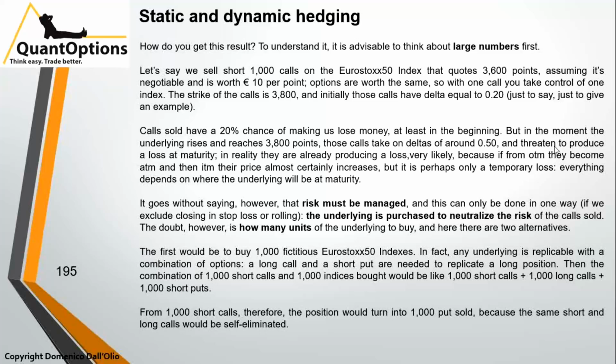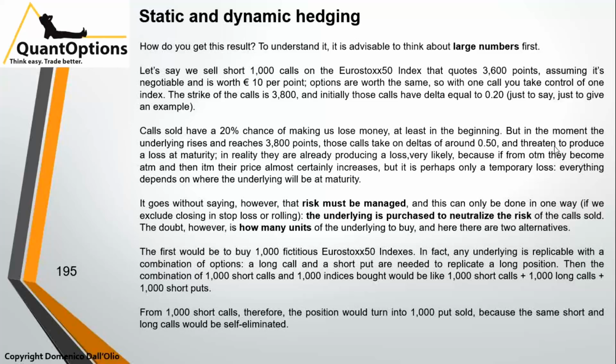But in the moment the underlying rises and reaches 3,800 points, those calls take on deltas of around 0.50 and threaten to produce a loss at maturity. And by the way, they are already producing a loss, very likely, because if from the out of the money situation they become at the money and then in the money, their price almost certainly increases.